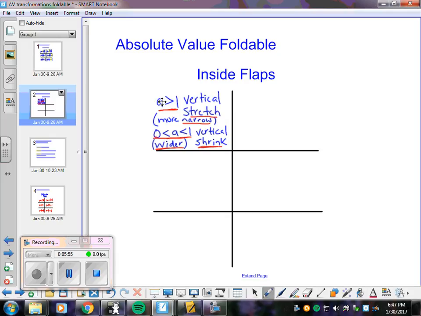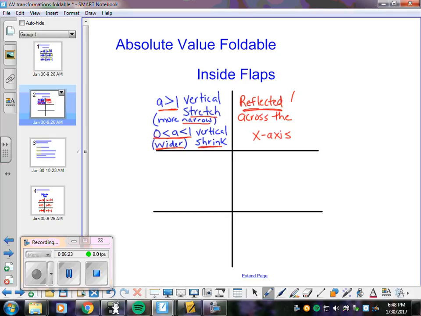Okay, now we're going to go to the top right inside, where you have on the outside y equals negative a times absolute value of x. So this is where it's reflected across the x-axis.